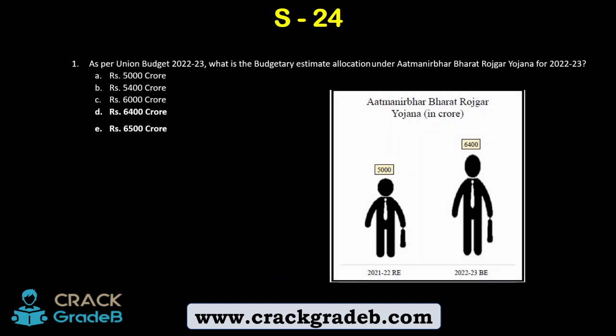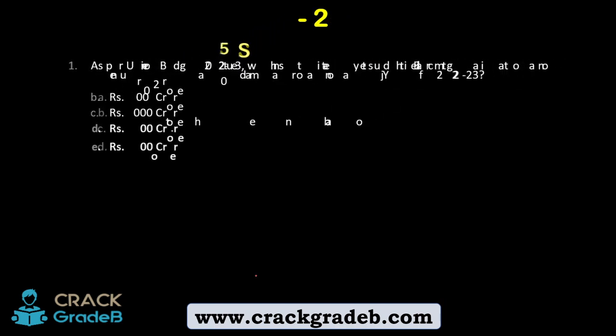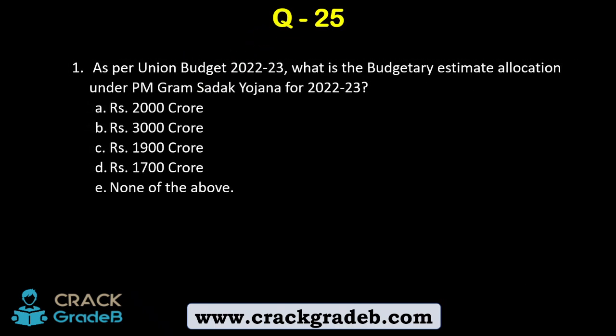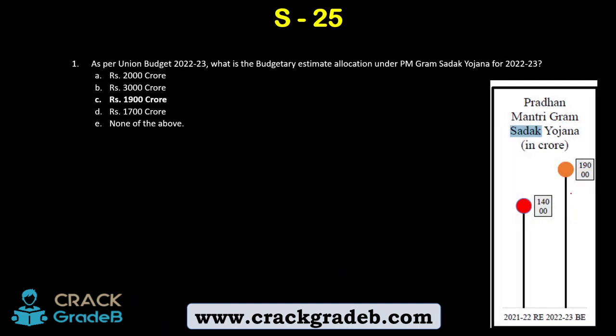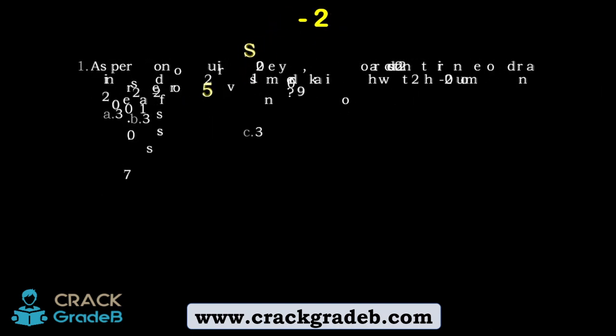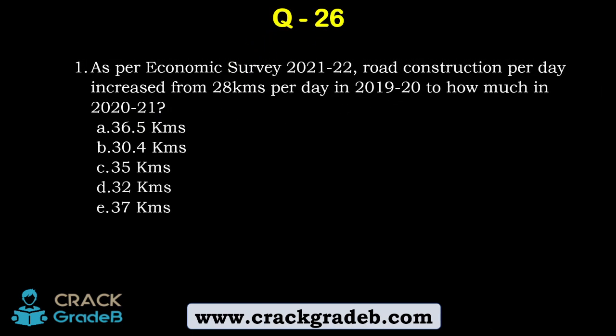The correct answer is 6,400 crore. Right? Let's move to question number 25. What is the budgetary estimate allocation under the PM Gram Sadak Yojana 22-23? Let's see the answer straight away. It's 1,900 crore. Let's move forward and see question number 26.